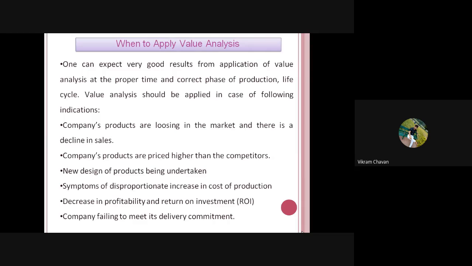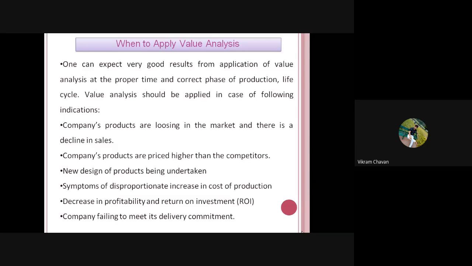Second one: company's products are priced higher than the competitor, full stop.